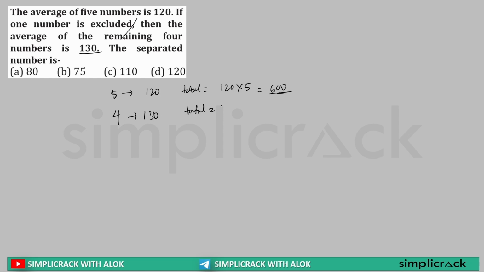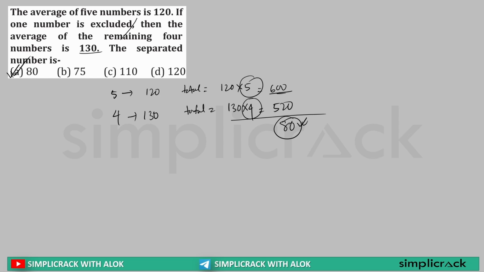The total value is 130 multiplied by 4, that is equal to 520. Yes or no? So the excluded number's value is 600 minus 520, because here 5 numbers are there, here 4 numbers are there. So the excluded value is 600 minus 520, equal to 80. So 80 is the answer for the separated number.